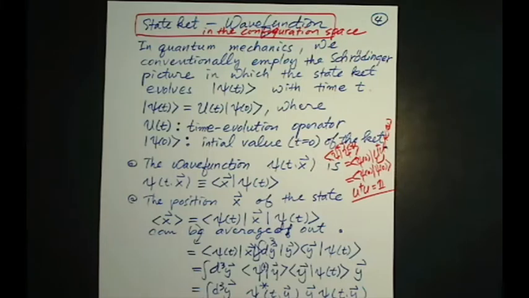Therefore, for the correspondence principle between classical mechanics and quantum mechanics, as far as the time dependence is concerned, we have to consider the problem very carefully. That means the Schrödinger picture is not an adequate picture to be compared with classical mechanics.